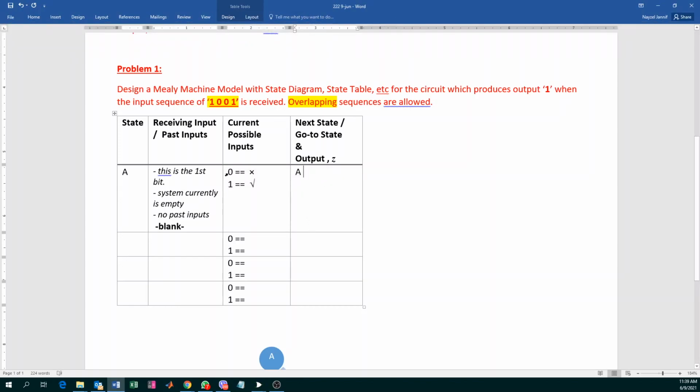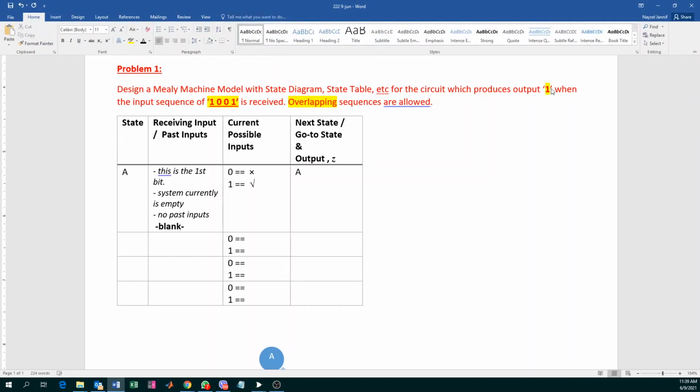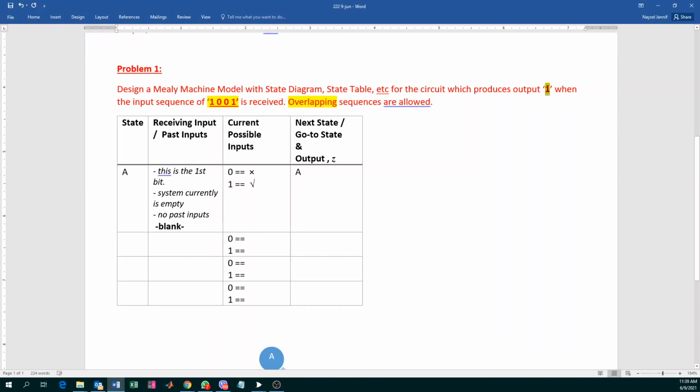So if your first input is a 0, we can't move forward, because remember, our output has to be a 1. We have to have an output of 1 when we receive all 4 inputs, right?